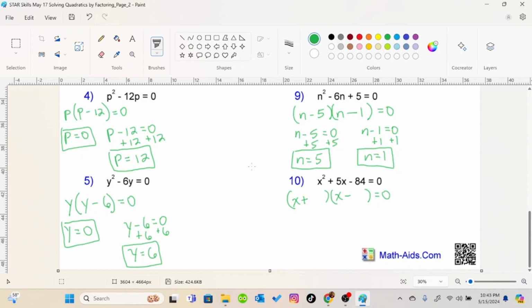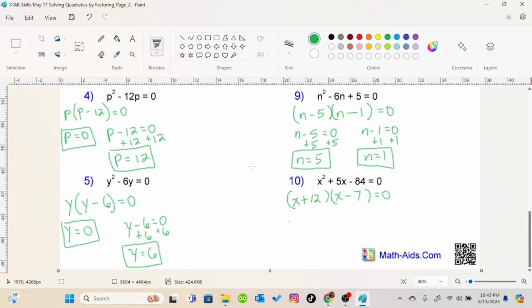But 7 and 12 would work. So we're going to make the 12 the plus and the 7 the minus. 12 times negative 7 is going to be negative 84, and 12 minus 7 is going to be positive 5.